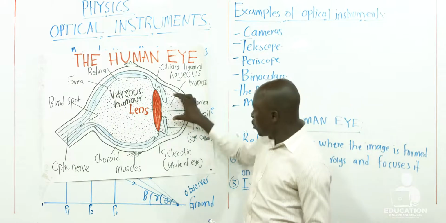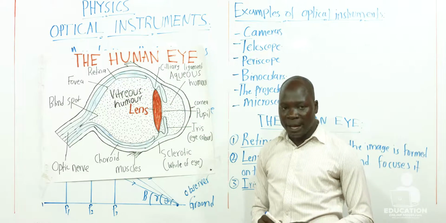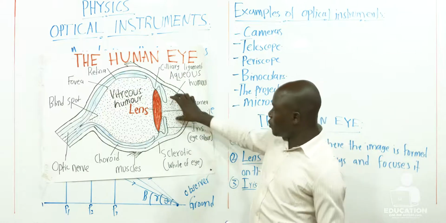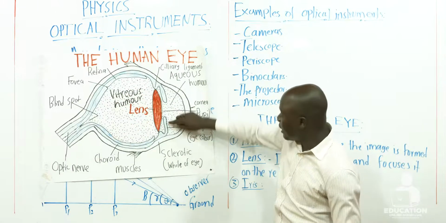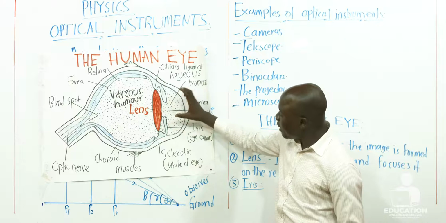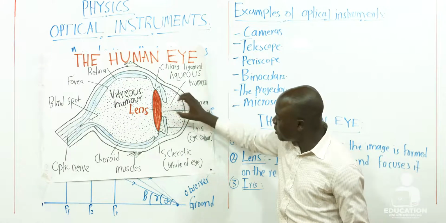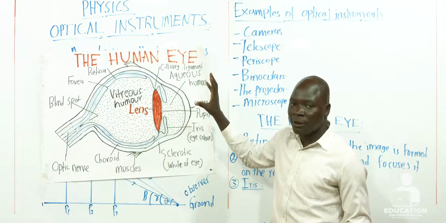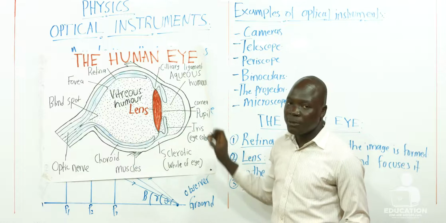So now, dear learners, what is the function of the iris in the human eye in relation to the formation of image? The iris closes and opens depending on the intensity of the light that enters the human eye.